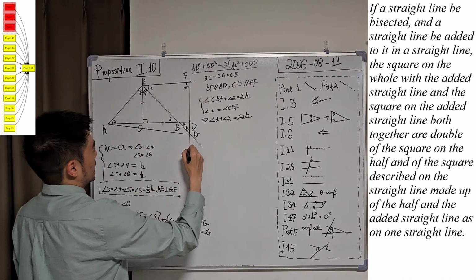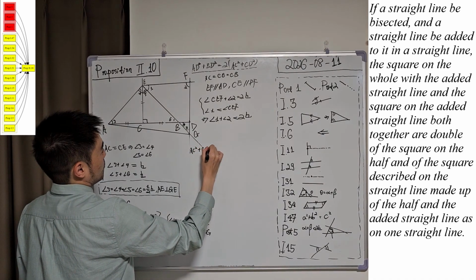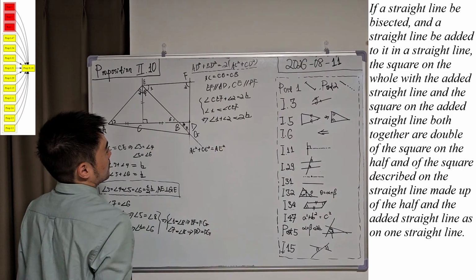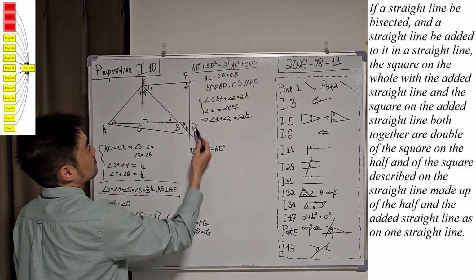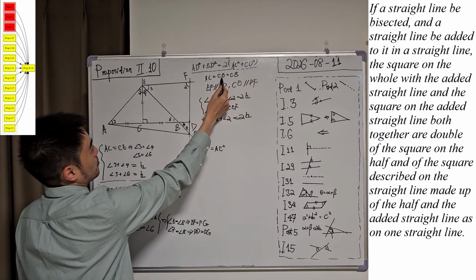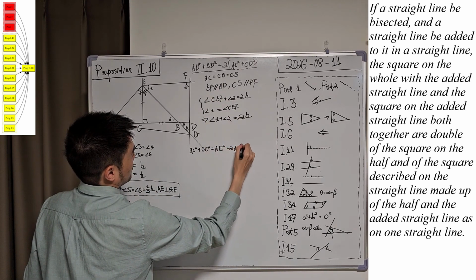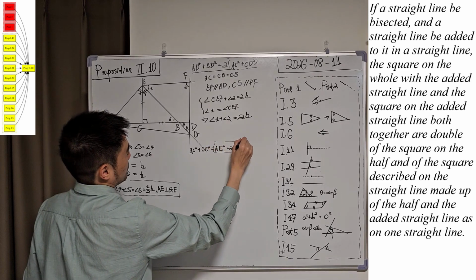In this triangle, we have AC squared plus CE squared equal to AE squared. And we've already proved that, we constructed that AC is equal to CE. So it also equals twice AC squared. Okay? So this is another conclusion here.